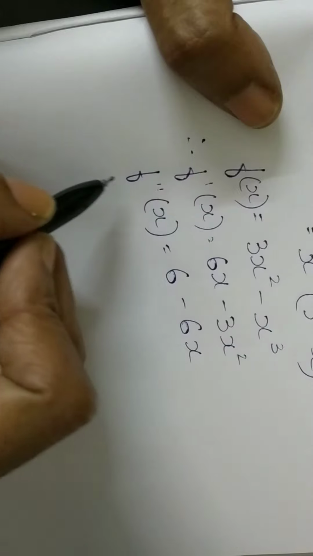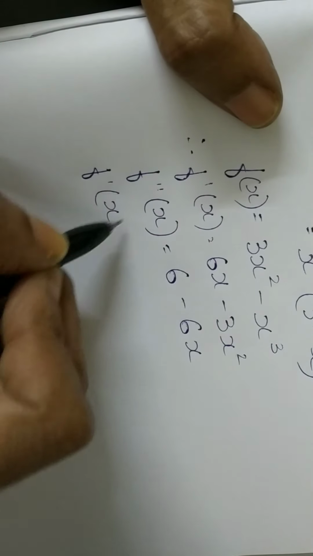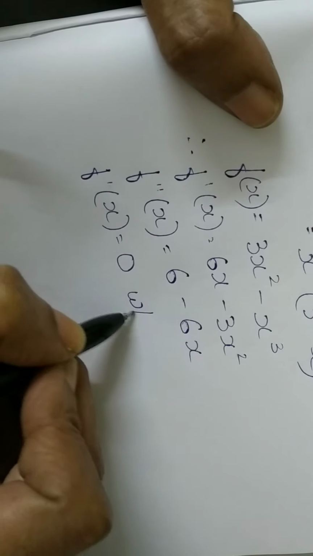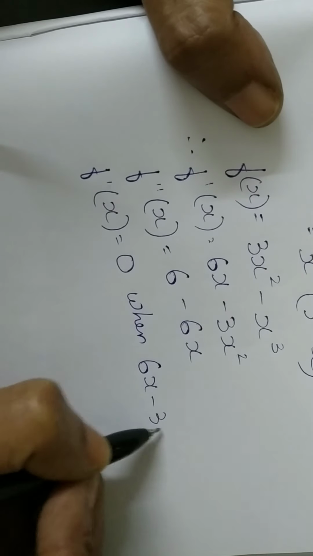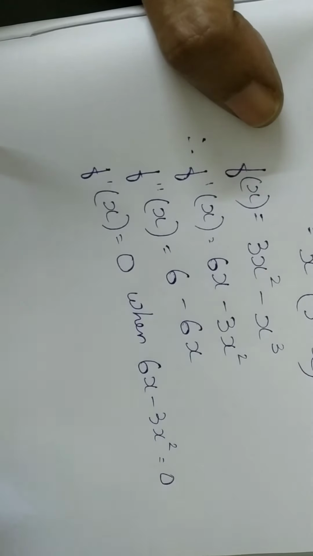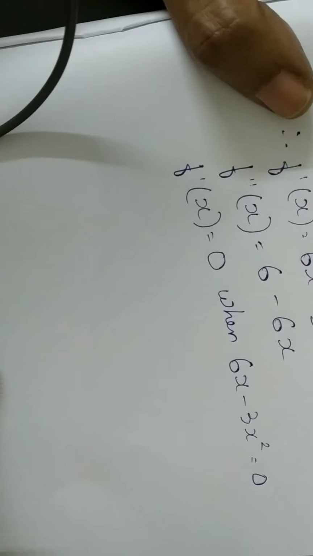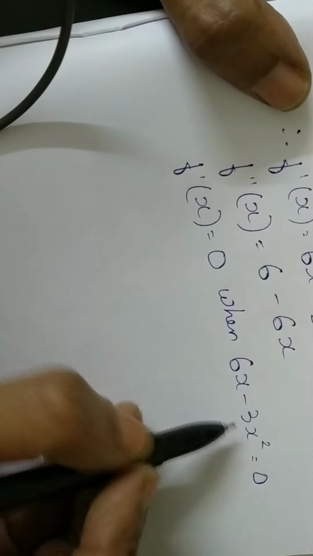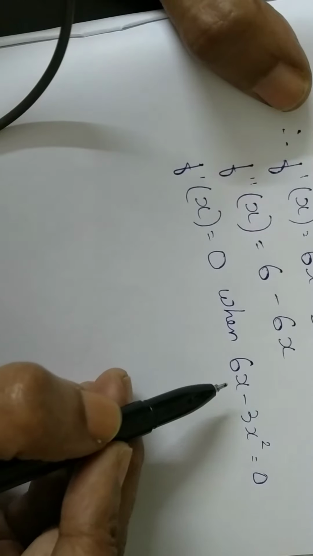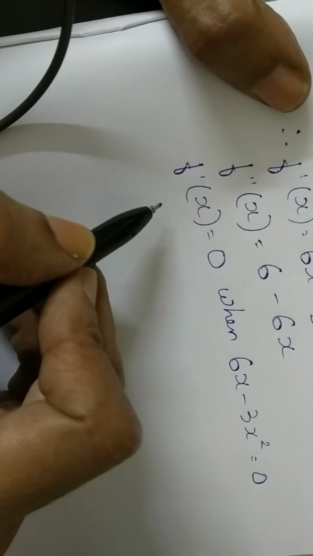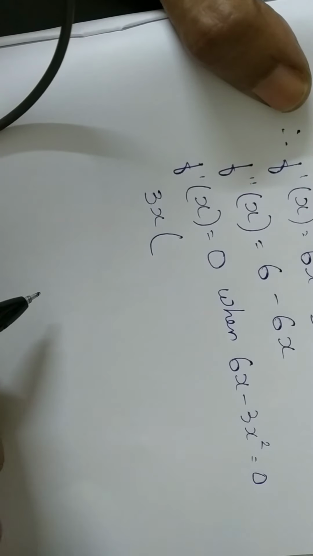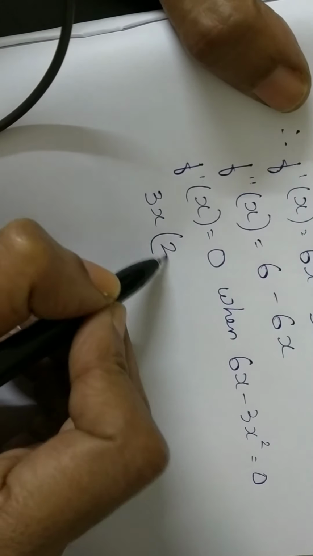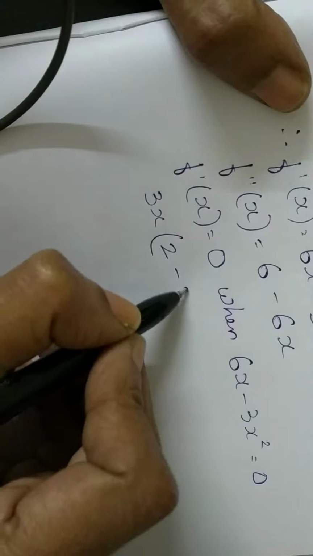Then what is the next step? We put f dash of x as 0. When this equation turns out to be 0, that is 6x minus 3x square is equal to 0. Then over here in this particular equation, we see that 3x is common to both the terms. So we write 3x outside the bracket, and inside the bracket we have 2 minus x.